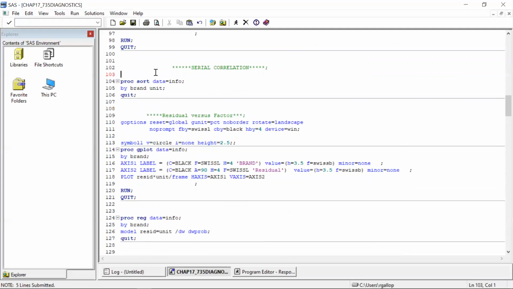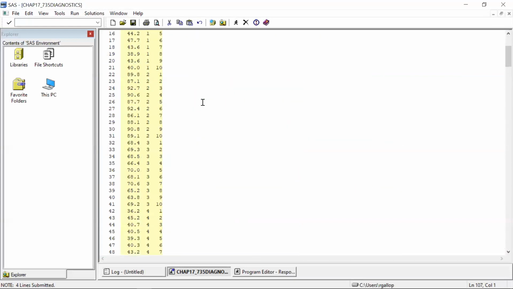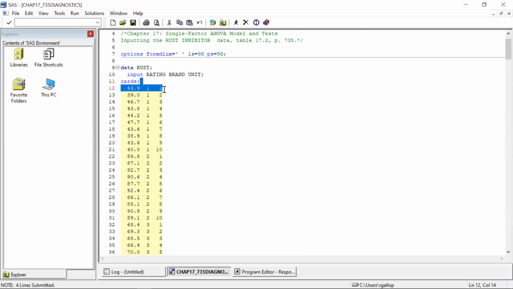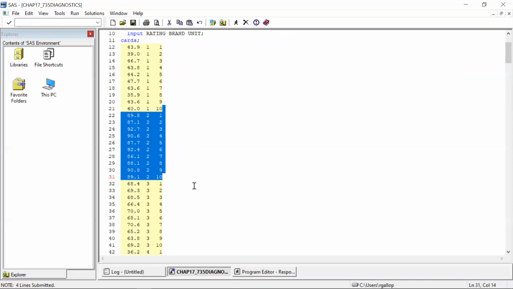So I'm going to sort this data. Now, going back to data, I'm going to assume within brand, the 10 observations are sequential days. So brand 2, sequential days. So within brand, I'm worried if there's autocorrelation.